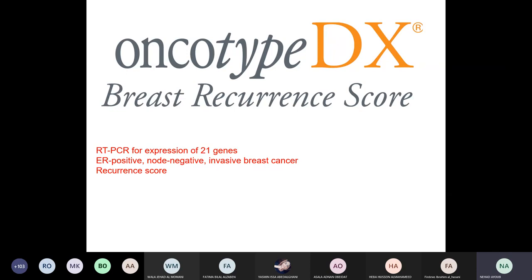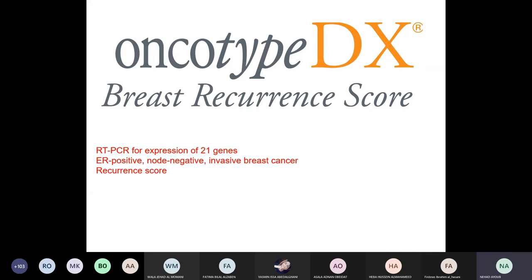هاي مش universal tool. You can use Oncotype DX to assess recurrence risk in patients with ER positive, node negative invasive breast cancer. يعني المريضة اللي عندها hormone dependent ER positive breast cancer and negative lymph nodes، ما في lymph node involvement، it's invasive. يعني ما بقدر أعملها أحسب recurrence score لمريضة جاية ductal carcinoma in situ.